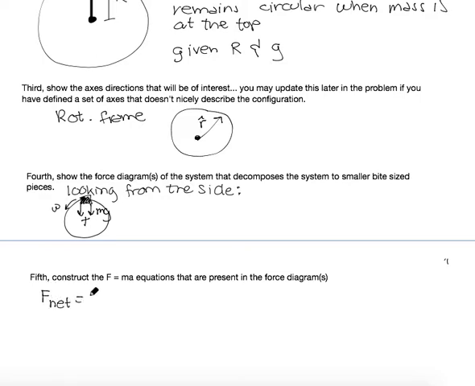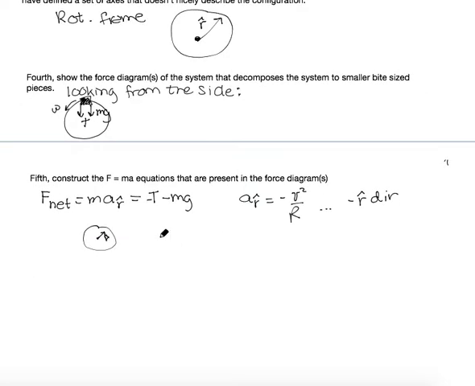F net equals ma in the r hat direction is equal to minus tension, since it's pointing to the center, minus mg, and we've defined r hat to be pointing away from the center. That's why we have the negatives. The acceleration is in the negative r hat direction, equal to negative v squared over r. So we can rewrite this as minus mv squared over r equals minus T minus mg.